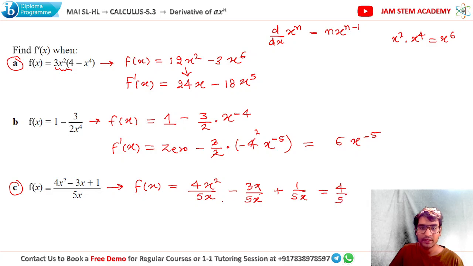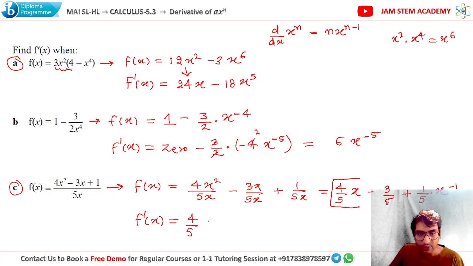We get 4 by 5 x only, minus 3/5, plus 1 over 5 times x to the negative 1. Now it is the expression f(x). Now we can differentiate this, f prime x equals, take term by term, first this one, 4/5 of x. Reduce one power, it will become x to the 0, so we can simply write 1 only.